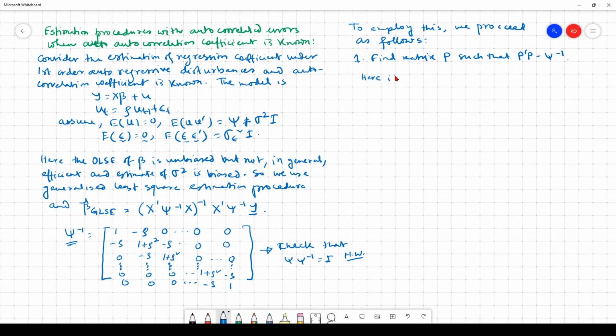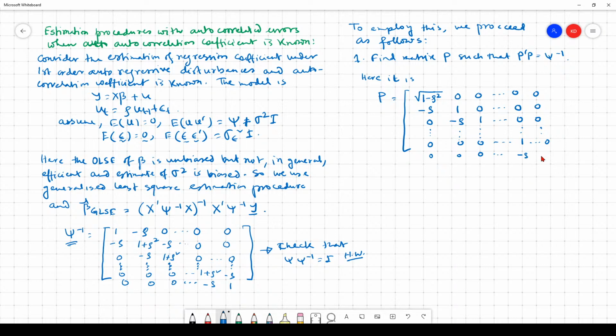Here it is root over 1 minus rho square in the first row, and the last row is minus rho, 1.